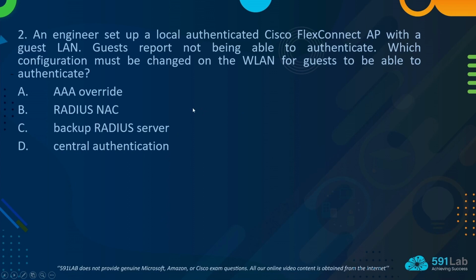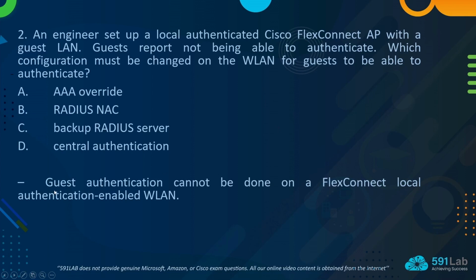If we check the Cisco website for the FlexConnect data sheet, we're going to find that guest authentication cannot be done on a FlexConnect local authentication enabled wireless LAN. So we can use the guest wireless LAN on a FlexConnect AP, but certainly we cannot have the wireless LAN set as local authentication enabled.